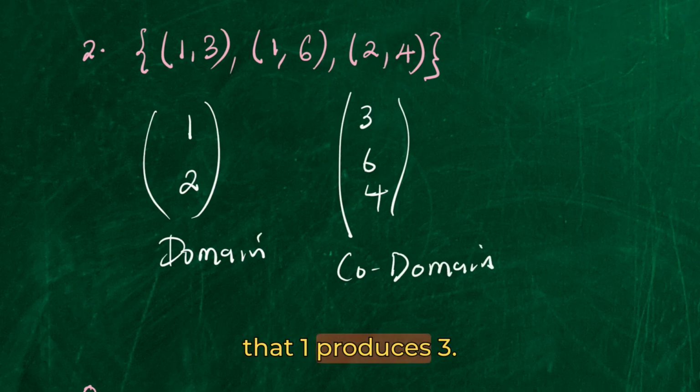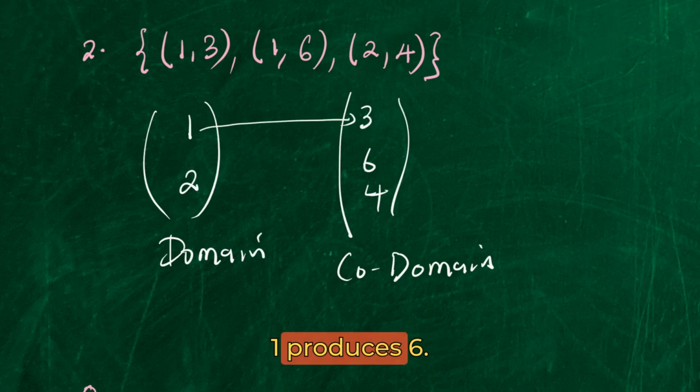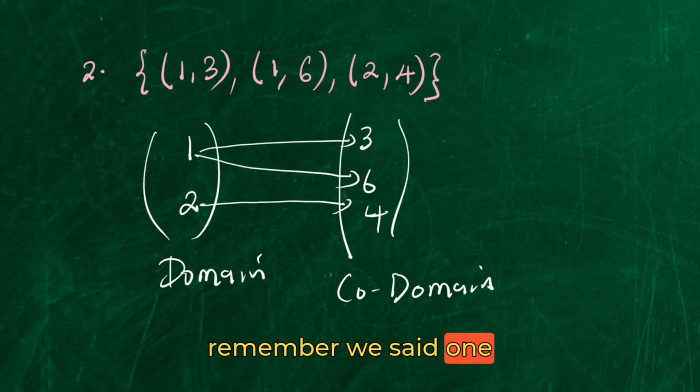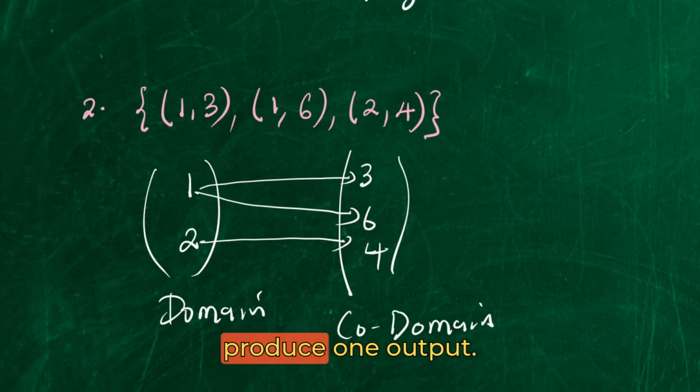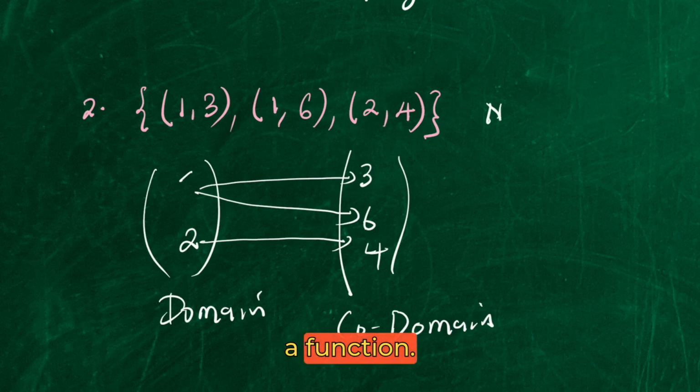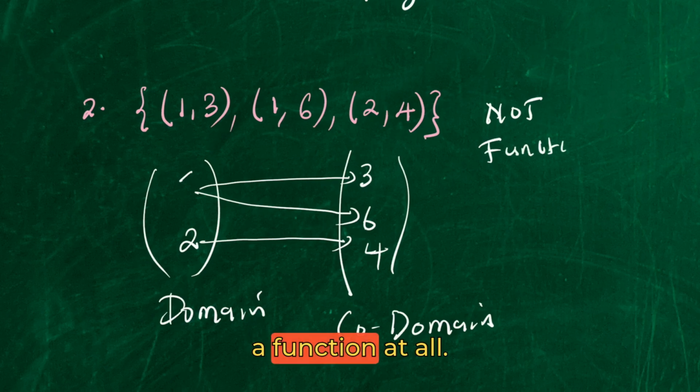So you can see that 1 produces 3, but at the same time, 1 produces 6, and 2 produces 4. But remember we said one input should only produce one output. In this case, 1 produces 3 and 6, and so this is not a function at all.